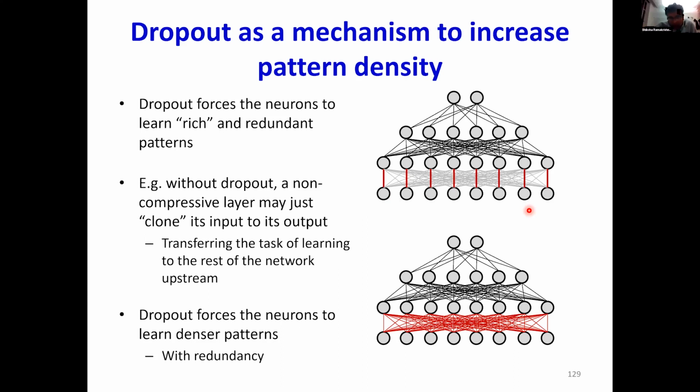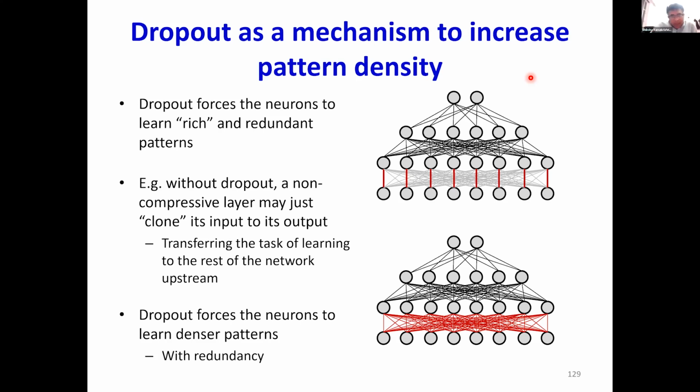So dropout forces the neurons to learn denser patterns with redundancy. So this is the actual mechanical explanation as opposed to the statistical explanation. Does this make sense? Yes or no? Right. And so there are these two different explanations, right?